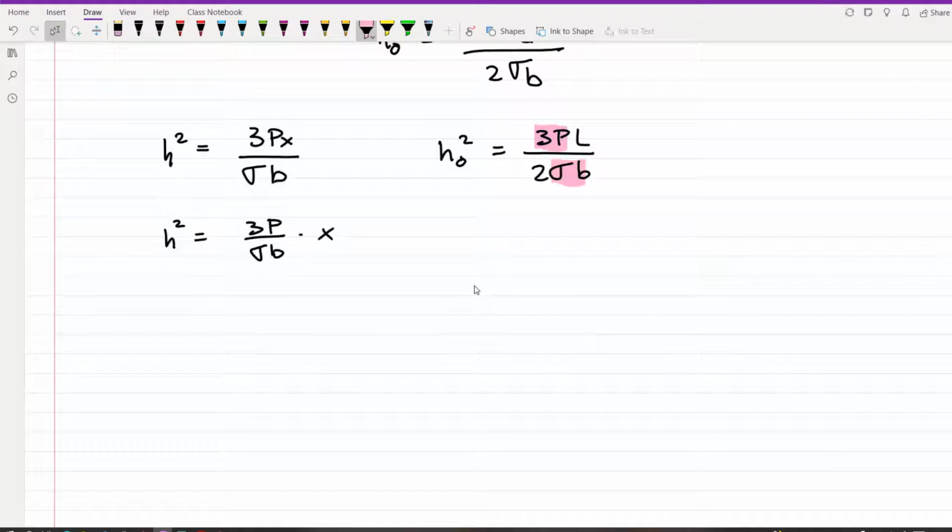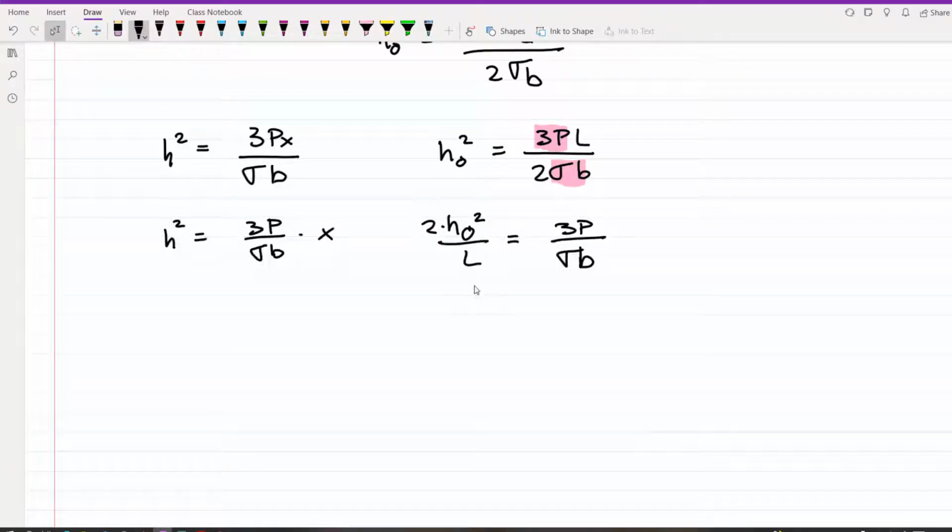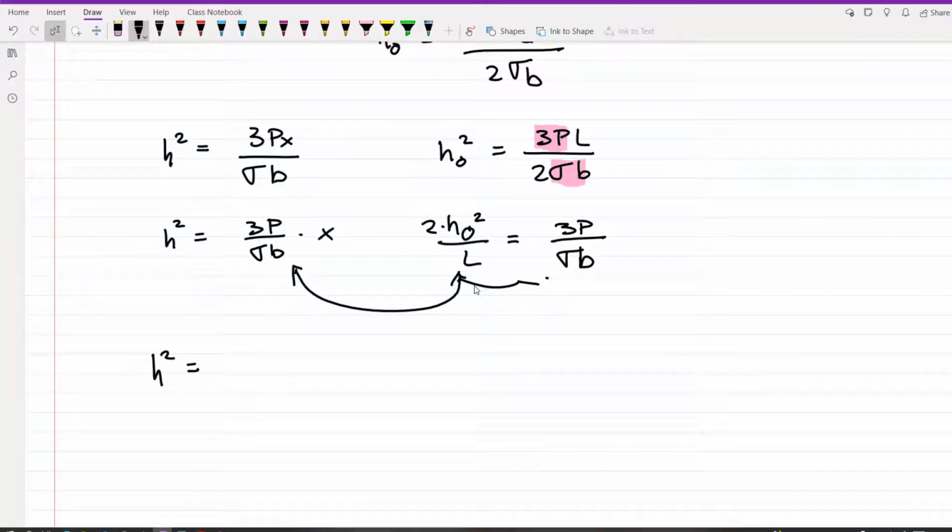Ibig sabihin, kung ililipat natin, magiging 2HO squared over L is equal to 3p over sigma b. Ibig sabihin, kung ipapasok natin ito dito, magiging h squared is equal to 2HO squared over L times x.